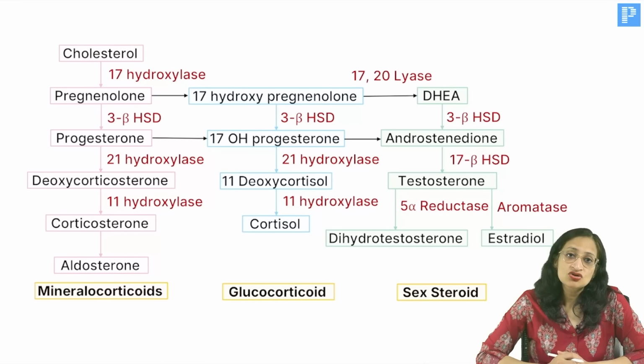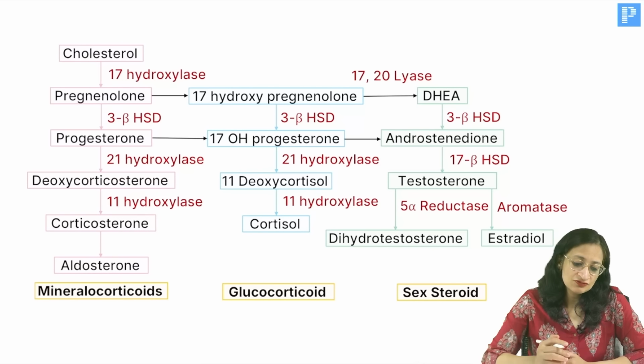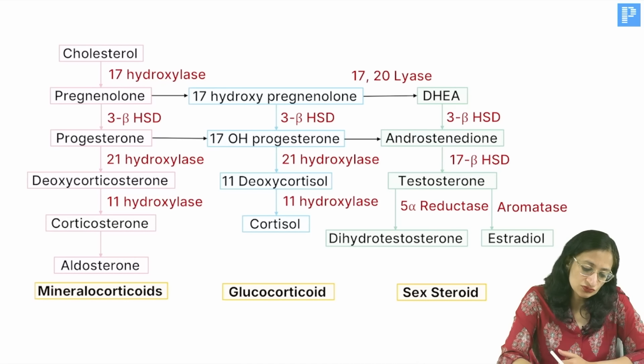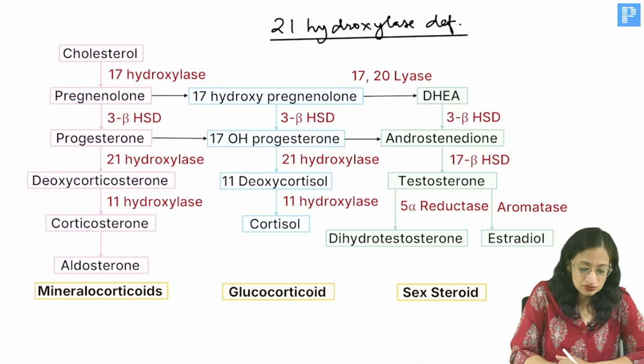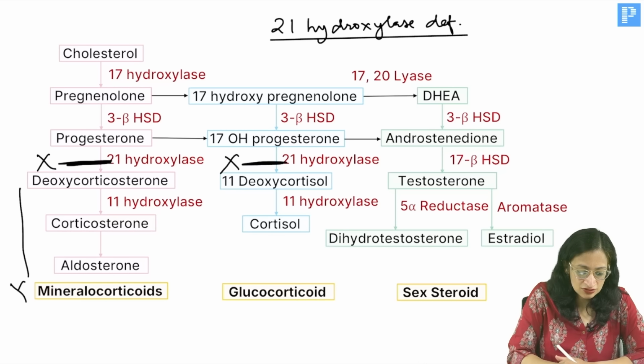So, CAH or congenital adrenal hyperplasia, we said, is most commonly due to what enzyme deficiency? It is most commonly due to 21 hydroxylase deficiency. What happens in 21 hydroxylase deficiency? Here this enzyme is defective. So, mineralocorticoids are not getting produced and glucocorticoids are not getting produced.